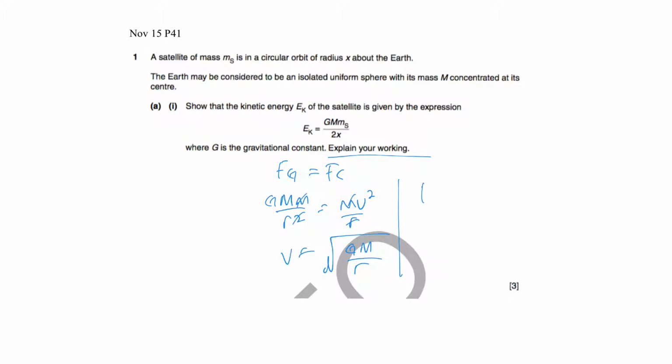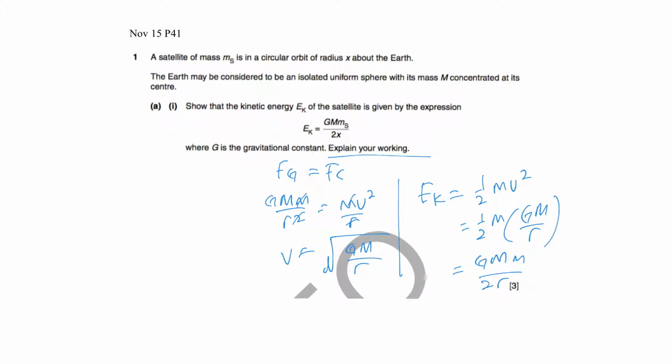Then KE is half mV squared, so substitute the V inside there, and you get just GM over r after you square it. The square root and the square cancel each other, so you get GMm over 2r.